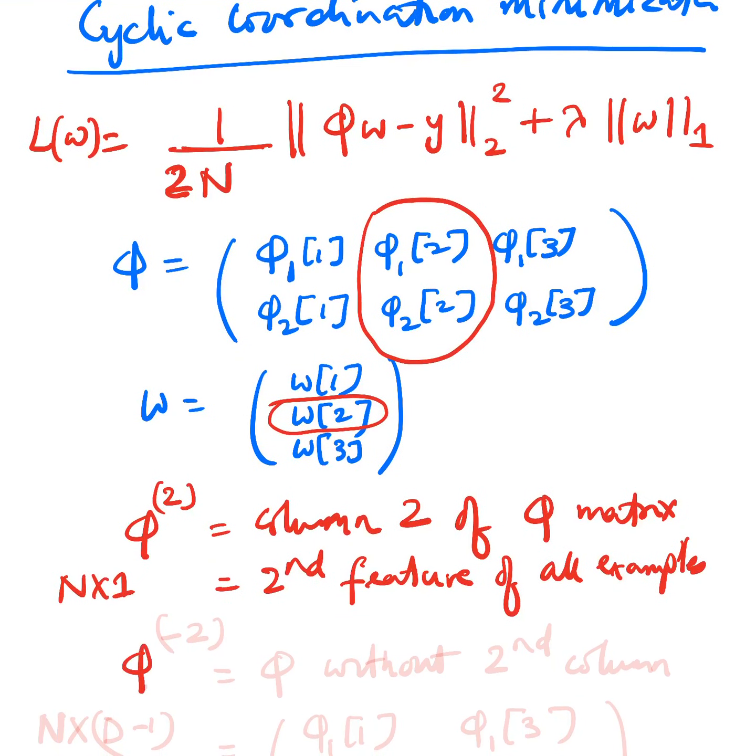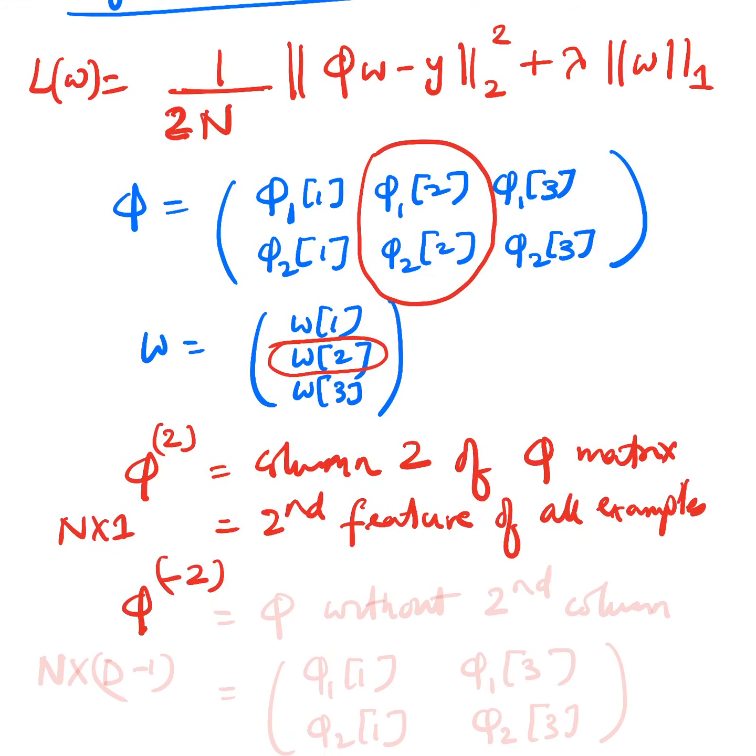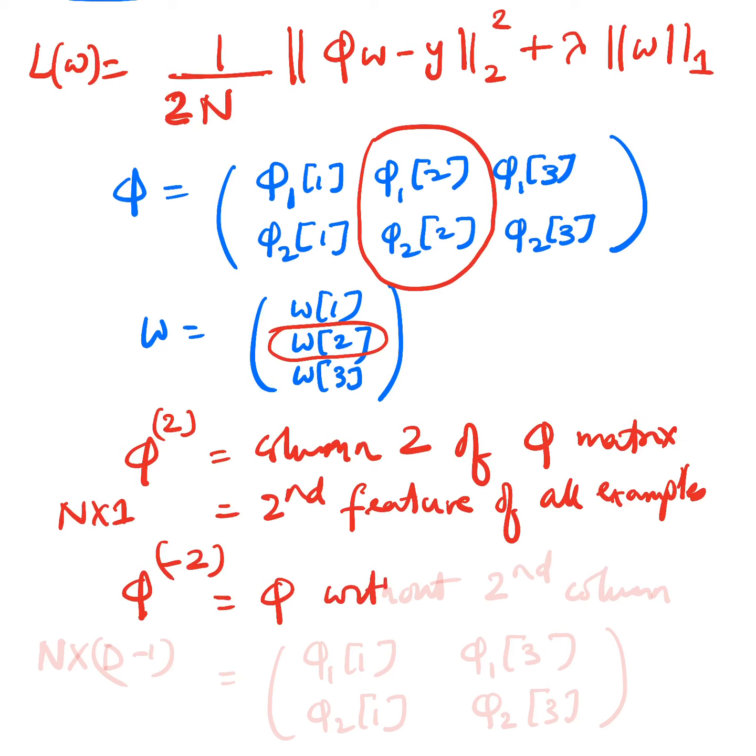And let me say phi of minus 2 is phi without the second column, right? So it's the features that correspond to the frozen weights.